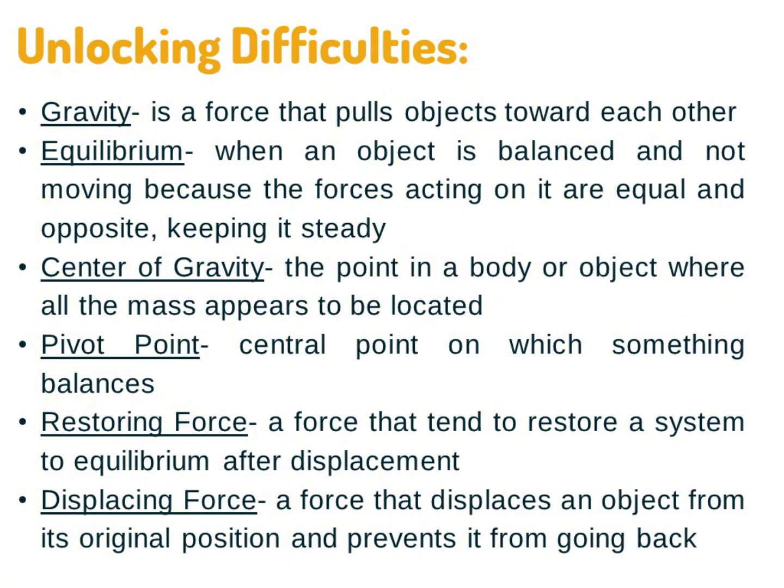Center of gravity. The point in a body or object where all the mass appears to be located. Pivot point. Central point on which something balances. Restoring forces. A force that tends to restore a system to equilibrium after displacement. Displacing force, a force that displaces an object from its original position and prevents it from going back.